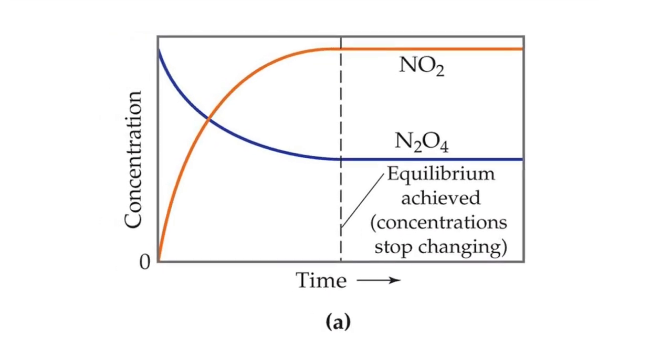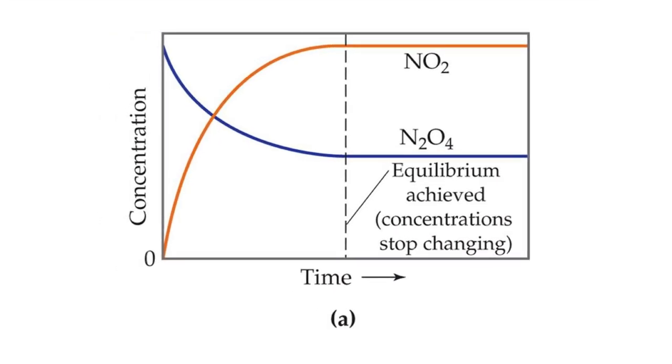And what that looks like in terms of concentration is this figure. So we have the concentration of N2O4 decreasing, the concentration of NO2 increasing. And why don't they end up as the same line for the concentration? Why is NO2 greater in concentration than N2O4?